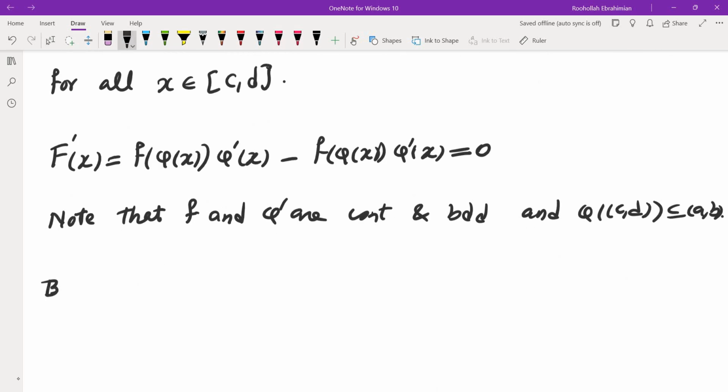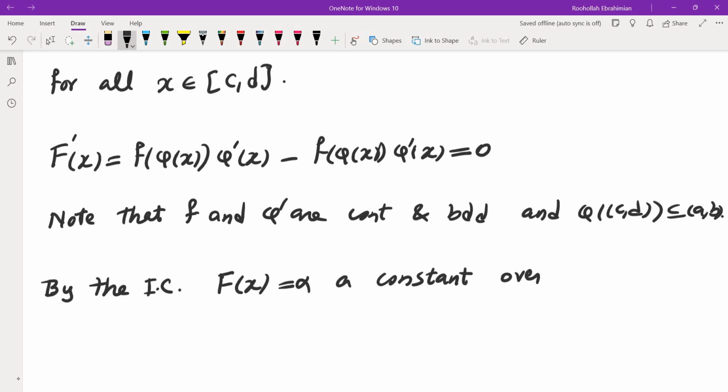So by the identity criterion, F of x is equal to a constant, let me call that perhaps alpha, over the interval from c to d.